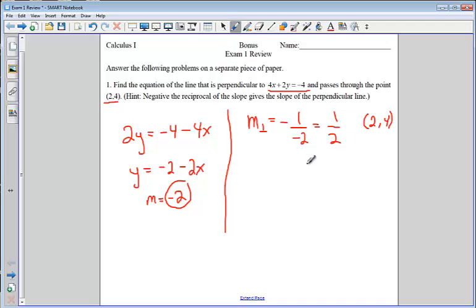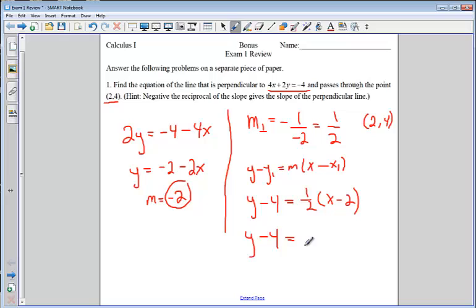And once I have slope and point, I can use point-slope form, so y minus y1 equals m times x minus x1. And I simply plug in. So y minus 4 is equal to 1/2 times x minus 2. And I can solve this then for y, so y minus 4 is equal to 1/2 x, multiplied through by the 1/2. 1/2 times negative 2 is a negative 1.